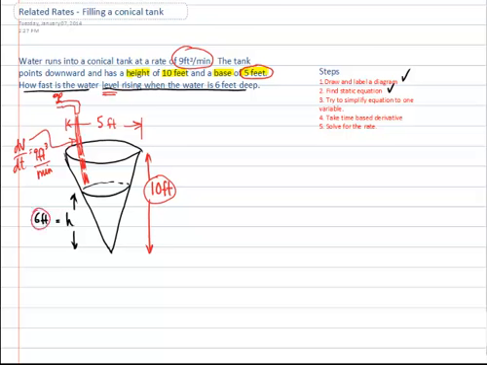Our equation that's going to govern this is going to be the volume of a cone. The volume of a cone is equal to 1/3 the area of the base, pi r squared, times the height. Right now, this is a two-variable equation.